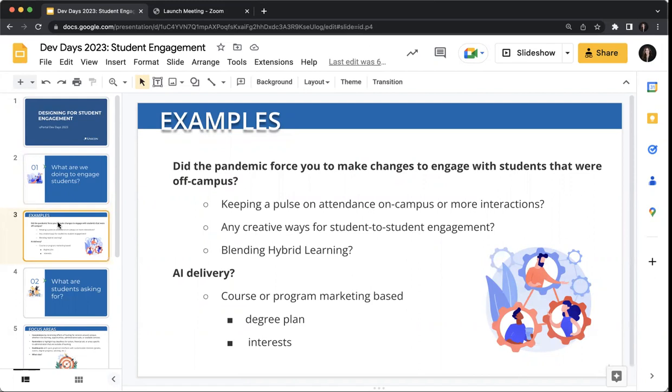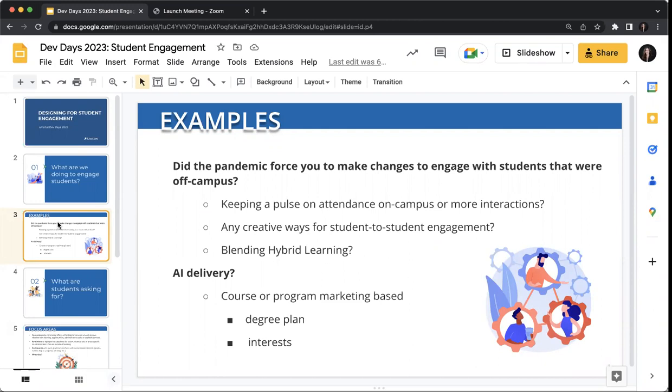For example, with the pandemic, did that force you to make any changes to increase engagement with students off campus? In some ways, maybe there were things where we didn't have a digital way of doing a particular task. Did people come and say, hey, we need to get this out in the portal?